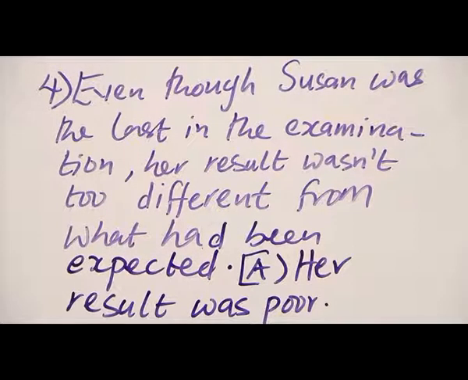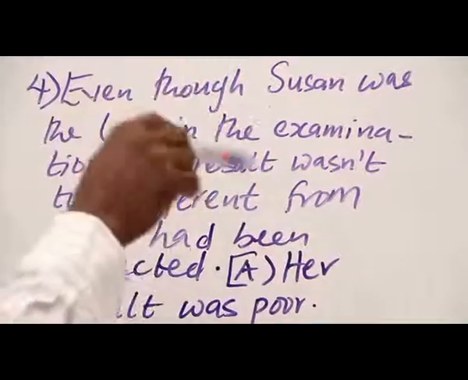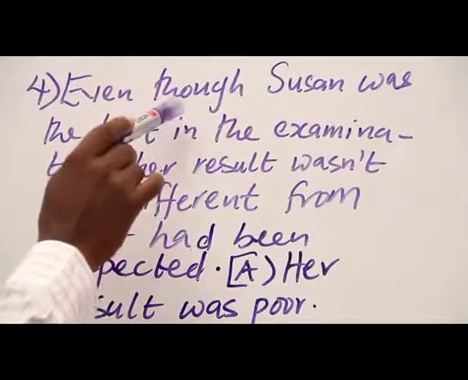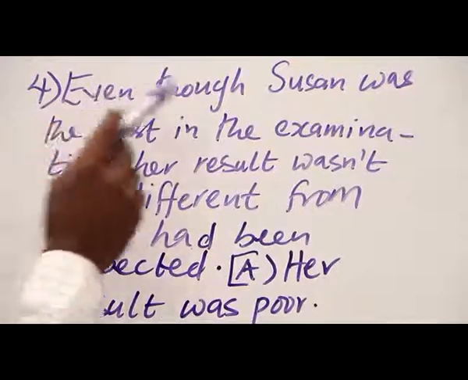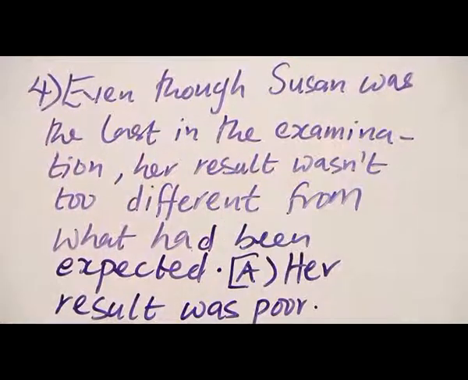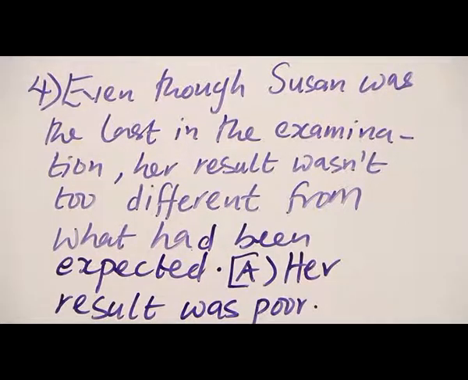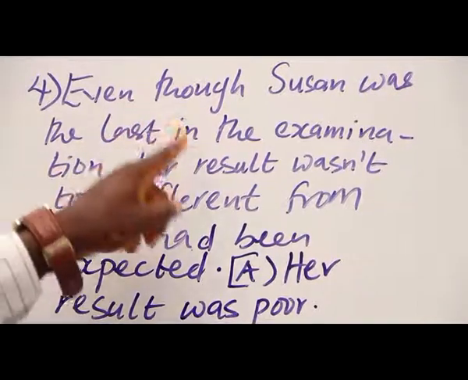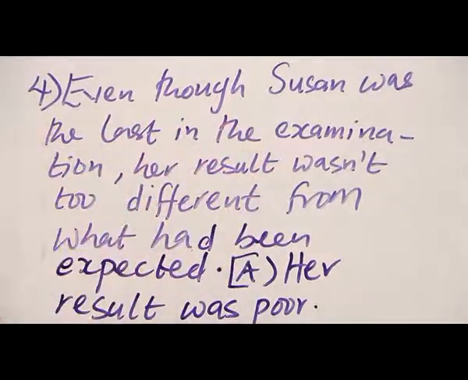Why do we say that? Her result is poor. It's not what we are told here. You may be tempted to think that's the answer. Look at it. Even though Susan was the last in the examination, this doesn't mean that she was the last in position in the examination. It could be that she was the last in finishing during the examination. Yes, it's possible like that. So to say that she has a poor result means that we are assuming that last in the examination means position.